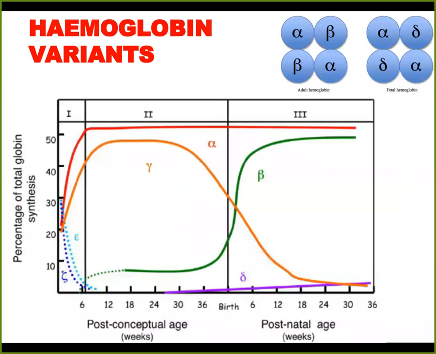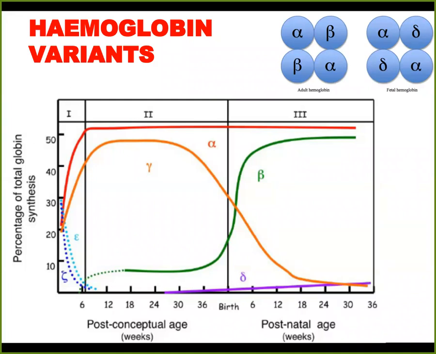For example, normally adult hemoglobin, which consists of 2 alpha chains and 2 beta chains of proteins, is produced in bone marrow after birth. Before, in fetal growing, a person has other types of hemoglobin.